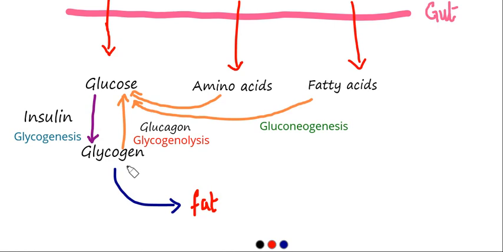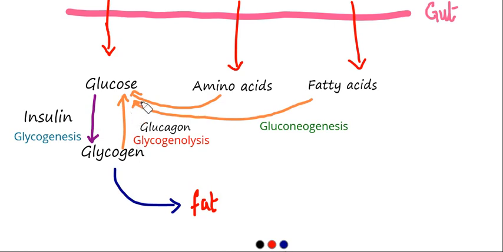So whenever we exercise or work out, or whenever there is a sudden need of energy, or we don't eat, this helps in sustaining our body through those periods. And when again we eat, glucose is there, and if in excess it gets converted into glycogen, and glycogen breakdown stops.